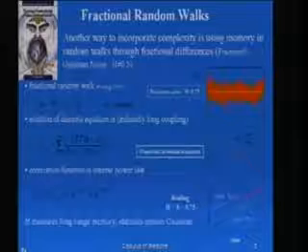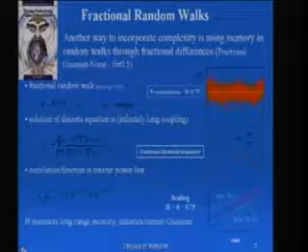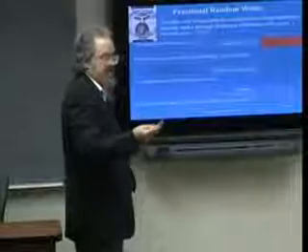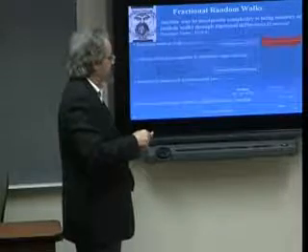And this is an exemplar of a stochastic process that you generate on the computer that has a scaling of 0.75. This is a fractional Brownian motion, which means that it has Gaussian statistics with this kind of correlation, so that you have e to the minus x squared over 2D t to the 2H, over the square root of 2 pi t to the 2H.